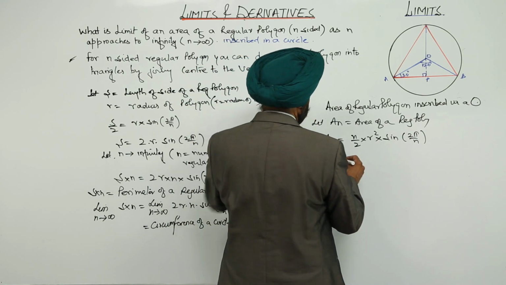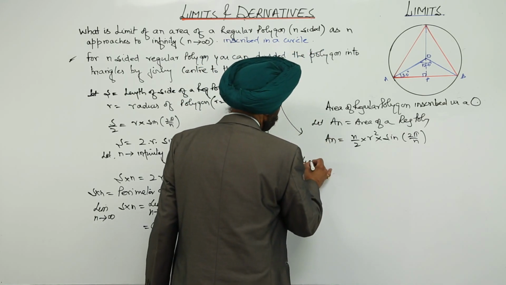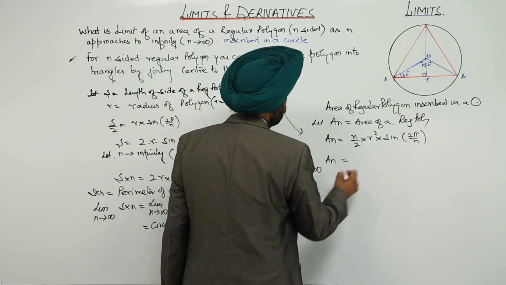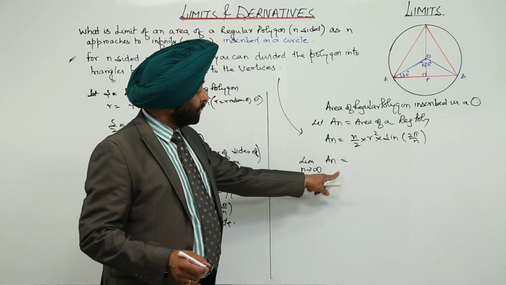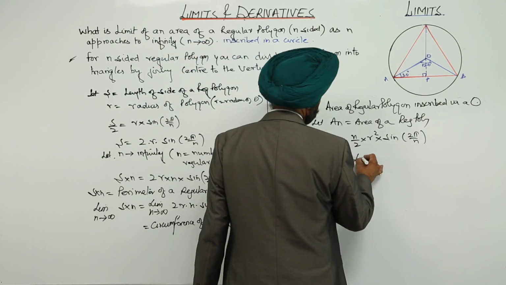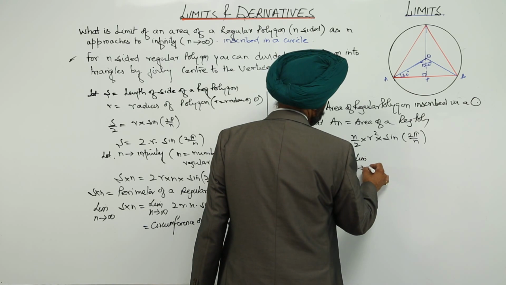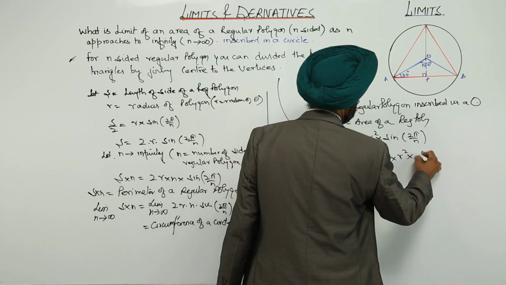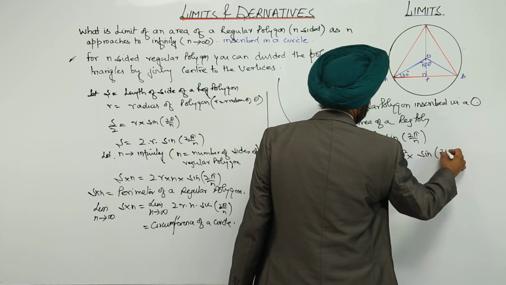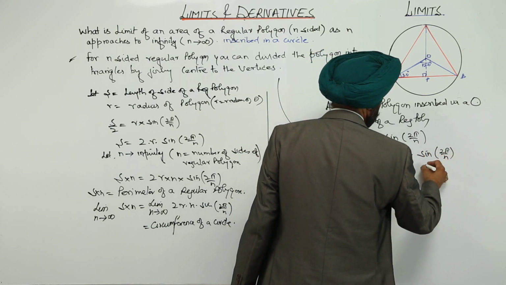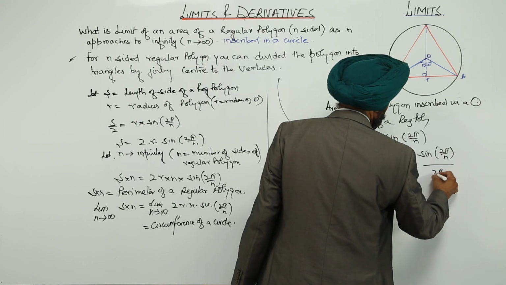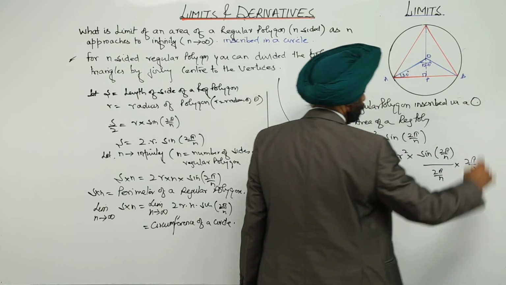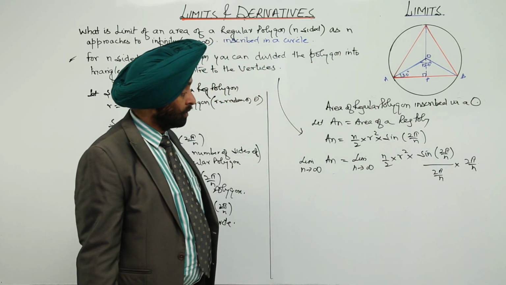Now limit n approaches infinity, the area of a regular polygon, that is An, is equal to limit n approaches infinity, n by 2 times r square times sine 2 pi by n, multiplied and divided by 2 pi by n. Is it clear?